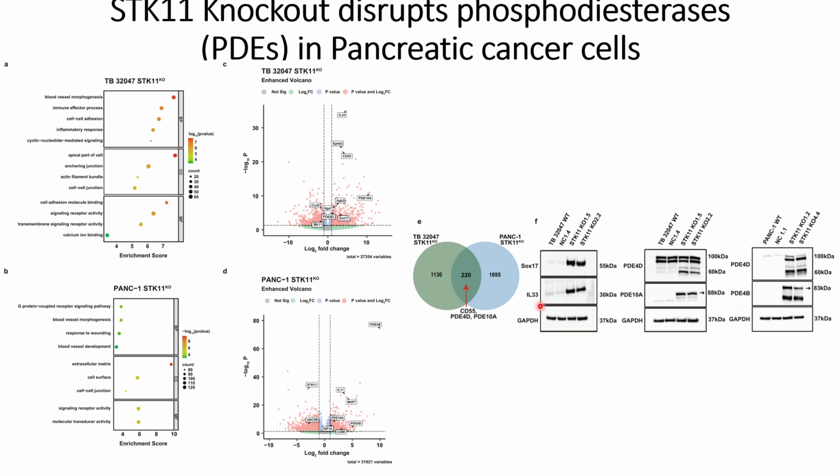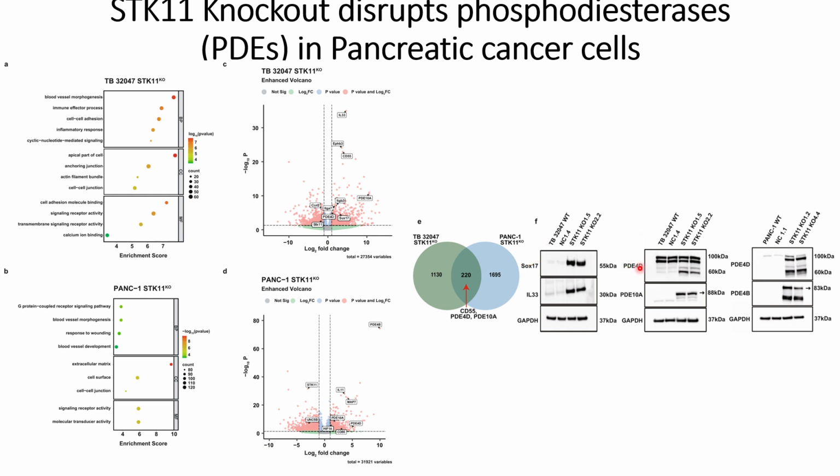When they checked the PDE expression using Western blot in both the knockouts, they first checked some of the other genes, such as SOX17, IL33, and they could see that in the case of TB32047, these genes are highly upregulated in the STK11 knockout, and these are related to migration pathways.